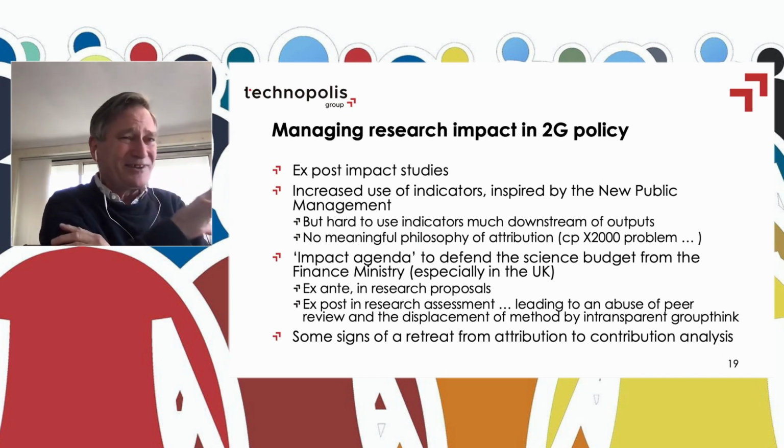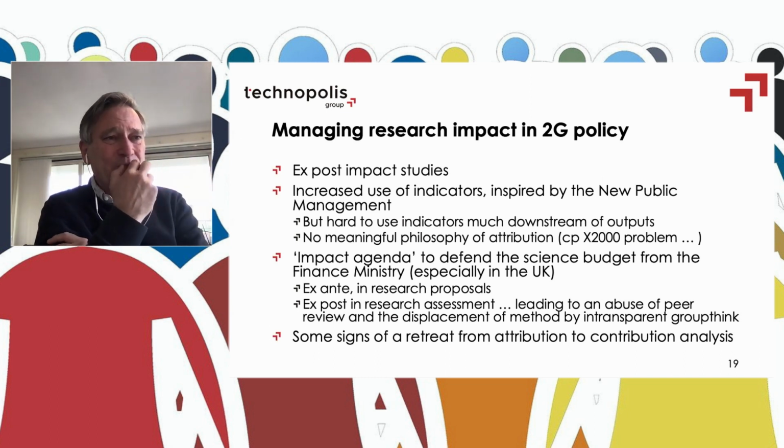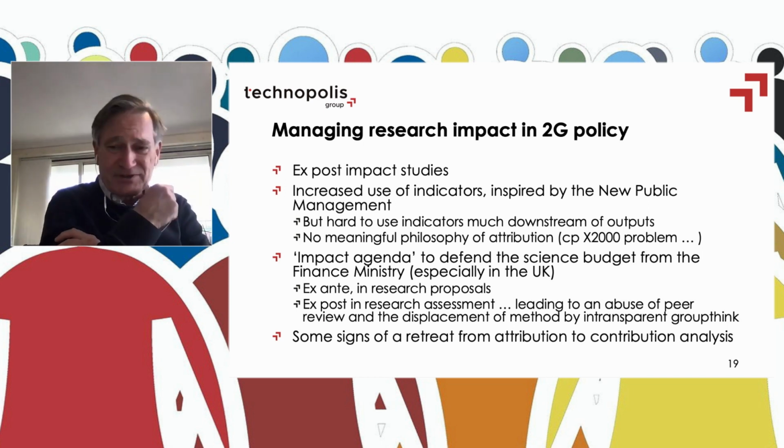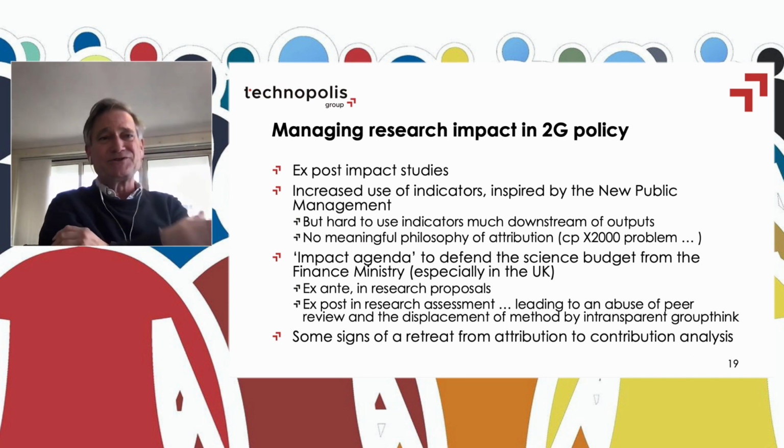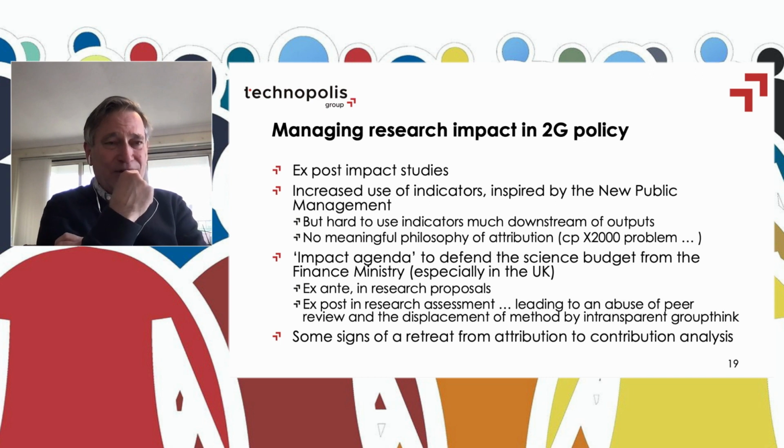We've had, particularly in the UK, a focus on what was called here the impact agenda, which basically meant that researchers started to be asked about 20 years ago to explain the likely impacts of their research in their applications for funding. So ex ante. Why was that done?